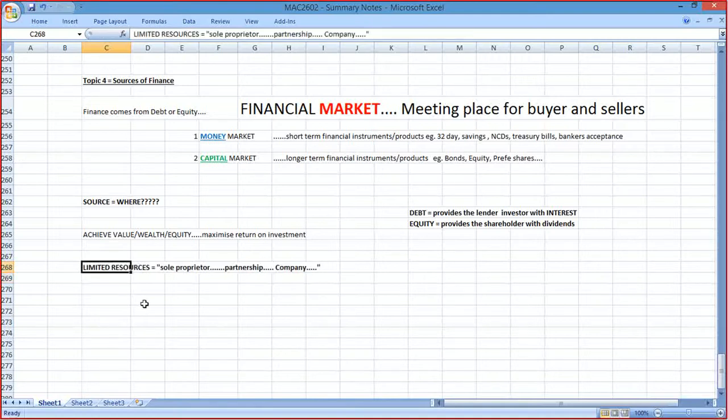Okay, companies have limited resources, right? Which form of ownership has the most access to resources? A company. Why?